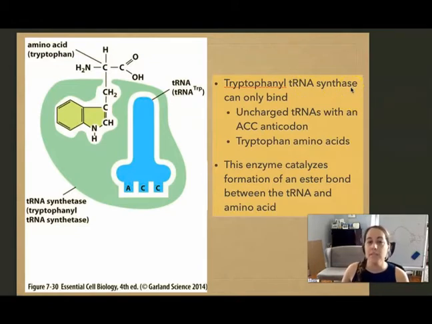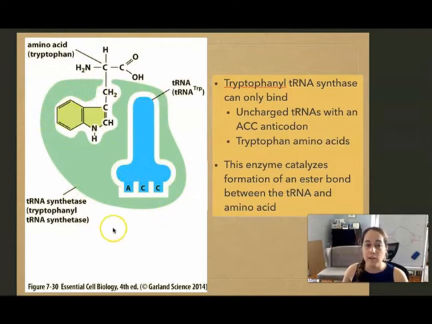A tRNA synthase, also shown over here, is an enzyme that can bind to a folded tRNA and an amino acid. So it is sequence specific for the anticodon, and it is shape and chemistry specific for that amino acid. And this is how you get the appropriate amino acid attached to the correct tRNAs.